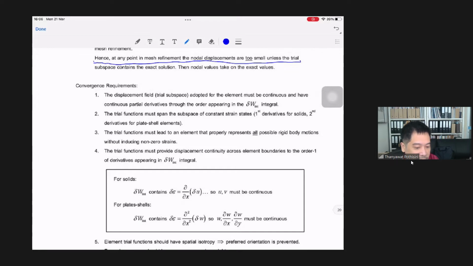There are certain things that you need to ensure for the displacement function that you use for your element. This summarizes all the requirements that need to be ensured in order for you to guarantee that the element that you use would always provide solutions that are getting closer to the exact solution.